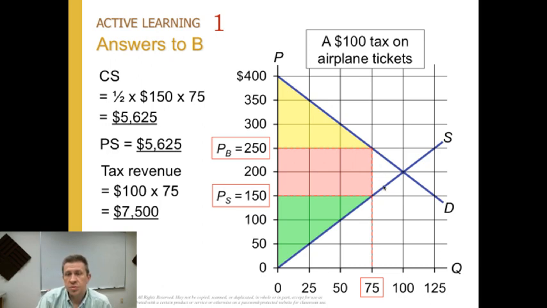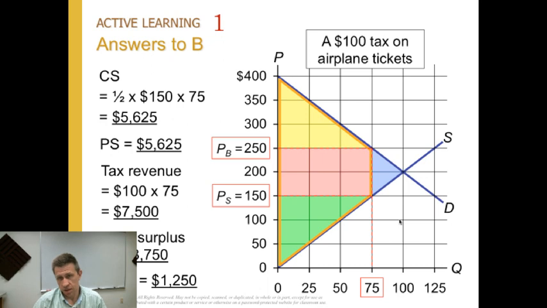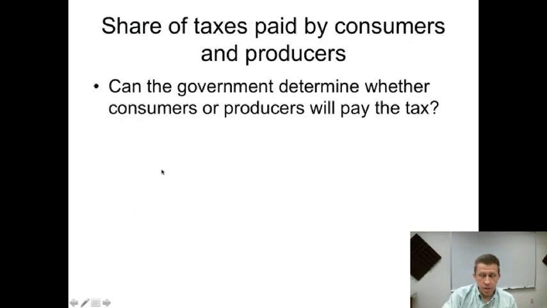Because of those lost sales, you lose out on this surplus here. That blue area is the deadweight loss. It's the lost value to society, and that equals $1,250.